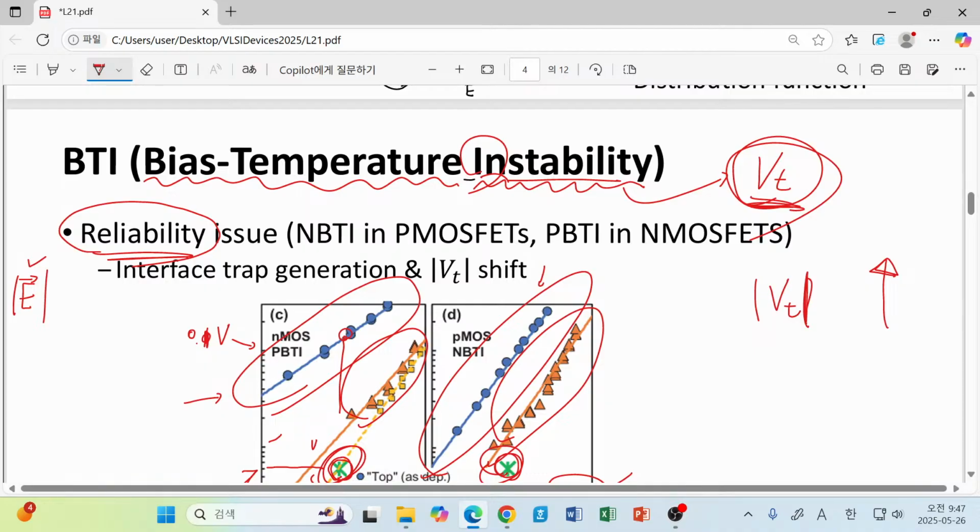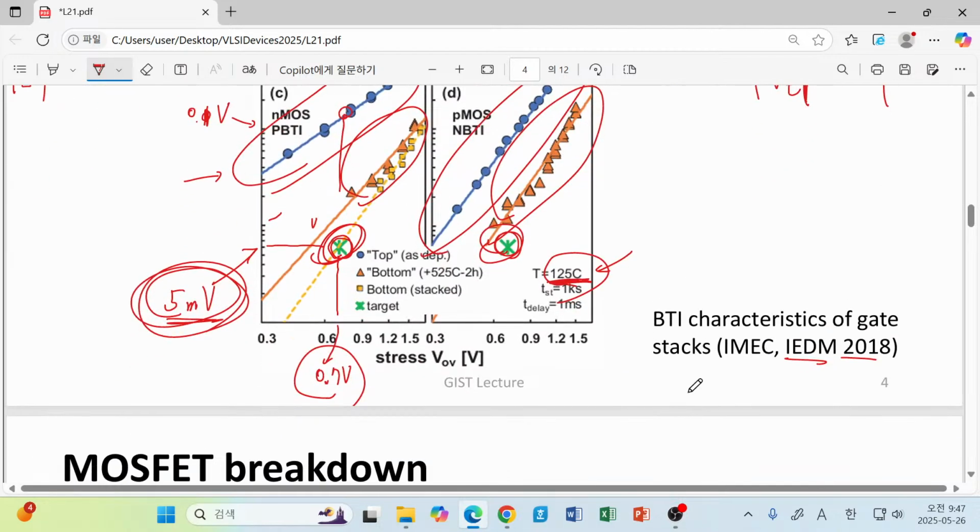So therefore what they do is this one. Why do we need elevated temperature? Elevated temperature accelerates the failure mechanism. So without waiting for 10 years, we introduce this severe, exaggerated stress condition to our device, and it can fail quite quickly.